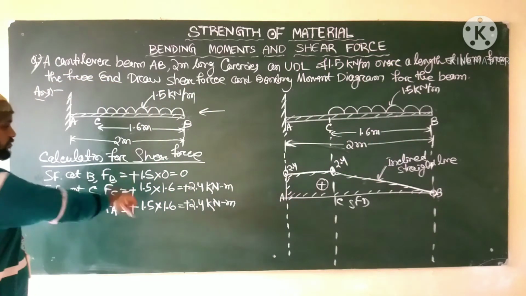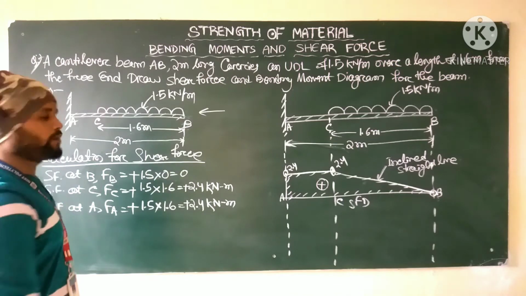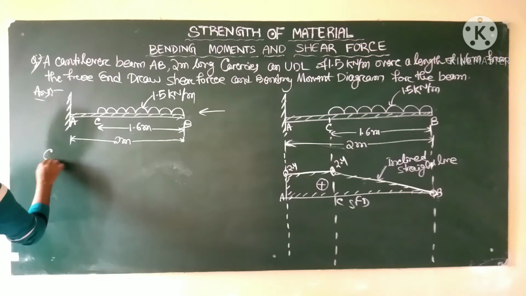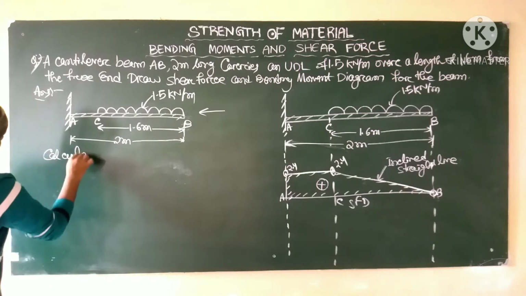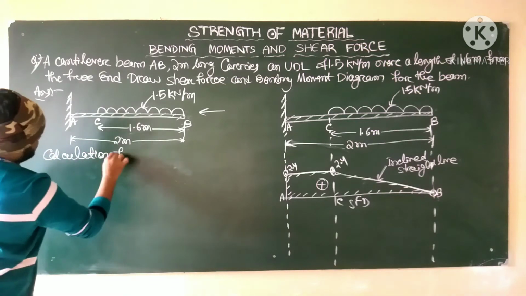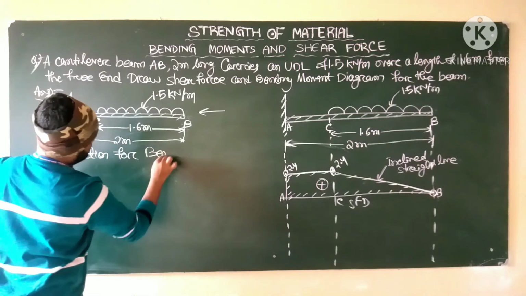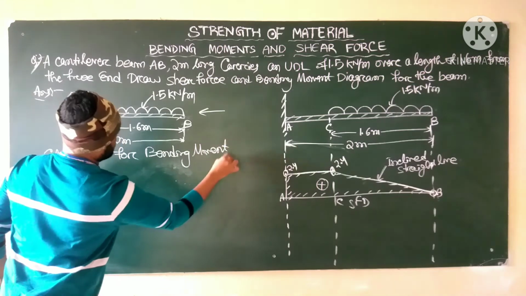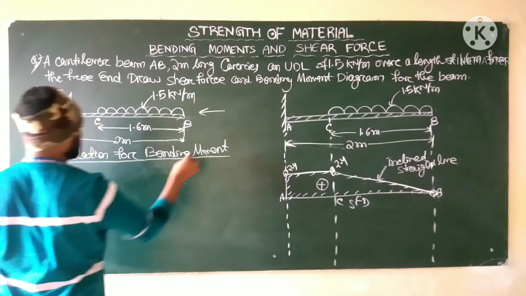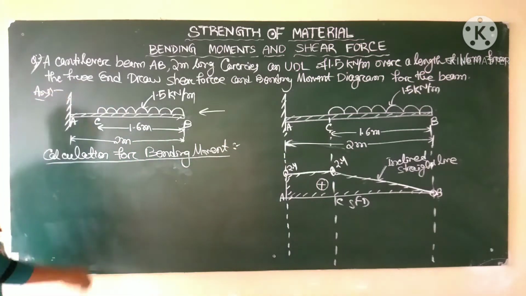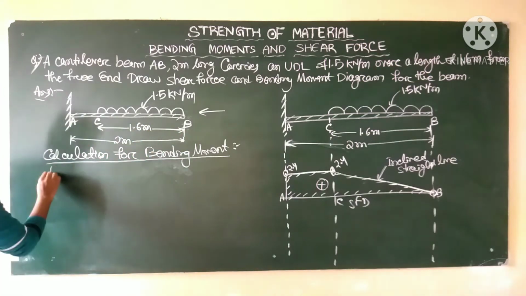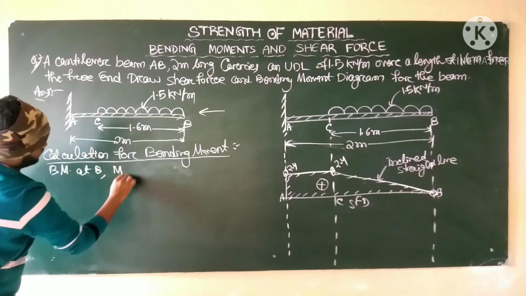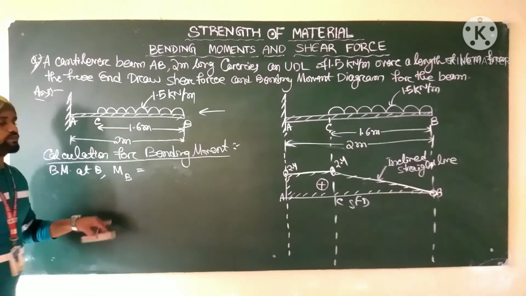Next, here the shear force diagram. After the calculation of shear force, what we will calculate? The bending moment. So next, write calculation for bending moment. First point B. So bending moment at B, that is M_B.